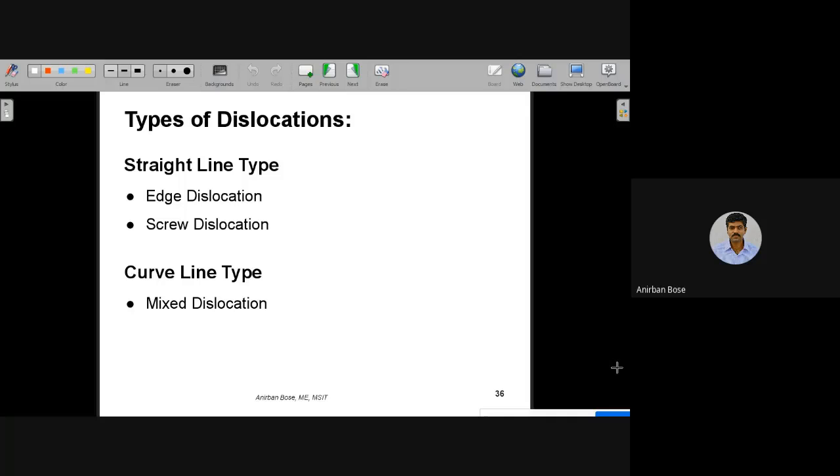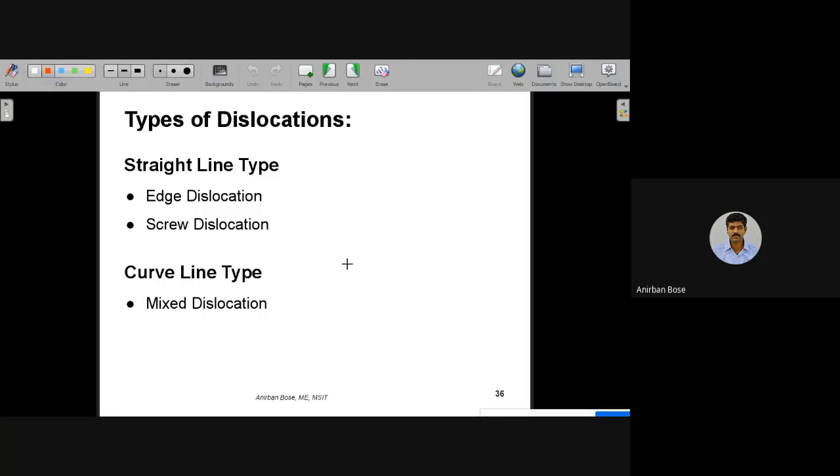Again, straight line defects can be either edge dislocation or screw dislocation. Both edge and screw are straight line defects, and curved line defects, that is the mixed dislocation. Remember, by line defect what we mean is that the defective region is along a line.